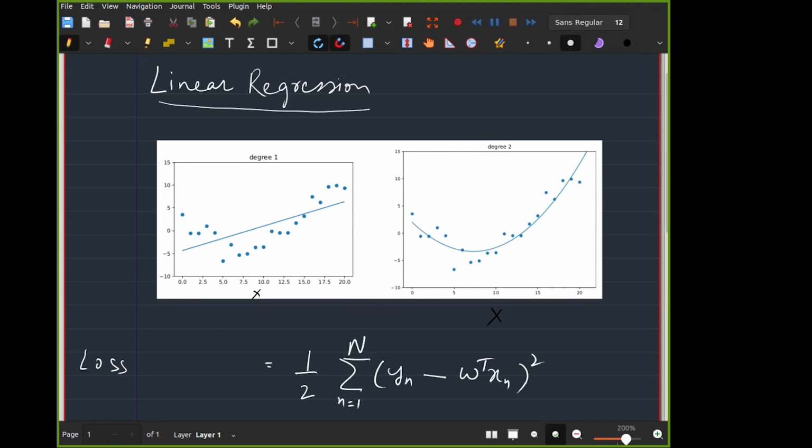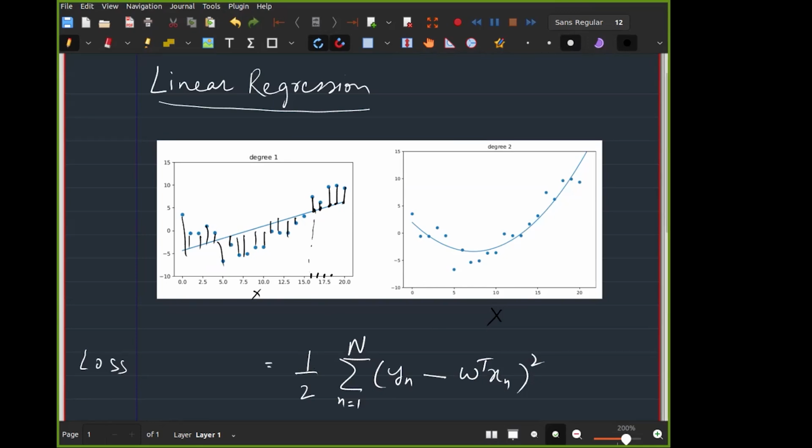We find all these vertical lines. That is the gap, yn minus w transpose xn. The points on the line are w transpose xn for different values of xn. Once you have these vertical lines, you square them and add them.